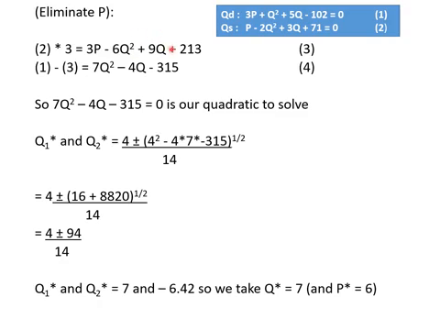So this slide contains the workings, and I've rewritten the two equations up here in this blue box. And remember, we want to eliminate the variable P, so we want the coefficient on the P variables to be the same so that we can then either add or subtract the equations in order to eliminate the P. So what we're going to do here, we've got 3P here, we've got 1P here.